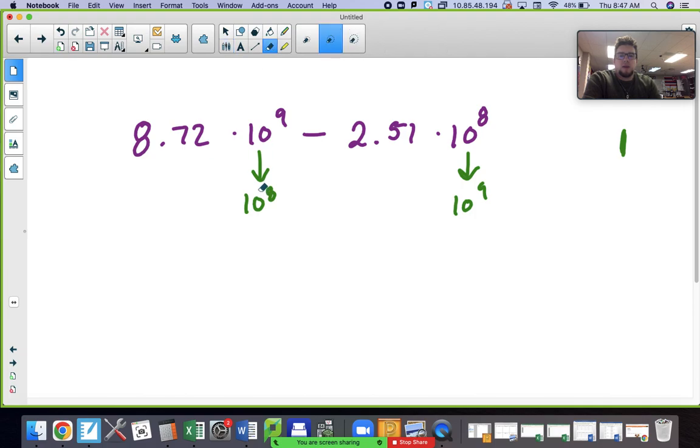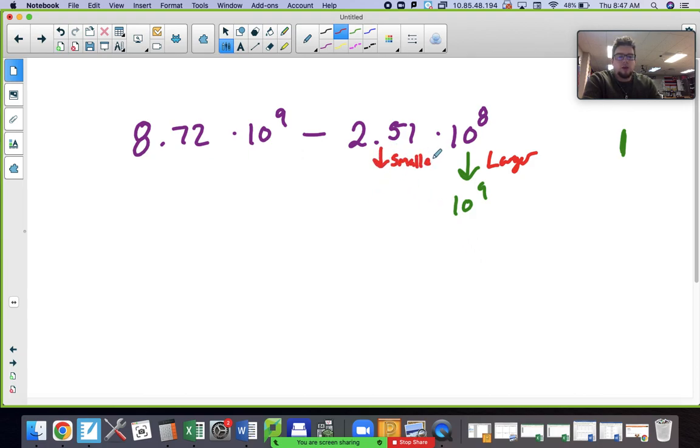It is always better to make your power grow larger. Saves you the most time and effort later. So we're going to make this power grow larger, which means my number right here has to go smaller to balance everything out.